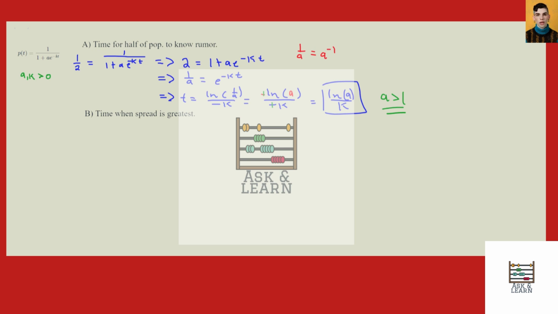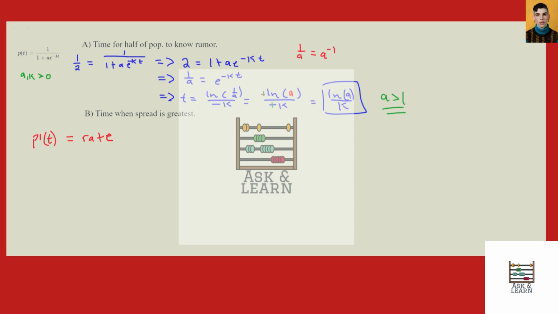Right, now, to find when the spread is greatest for our rumor, well, if we were to just take the derivative of p, this here tells us the rate.